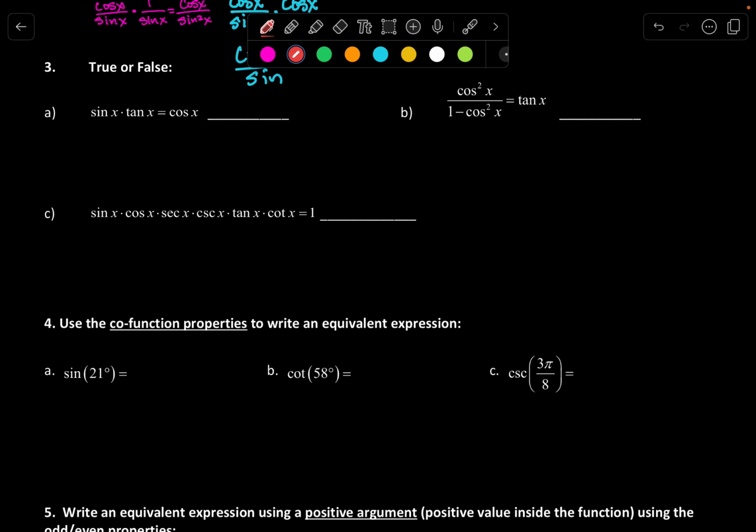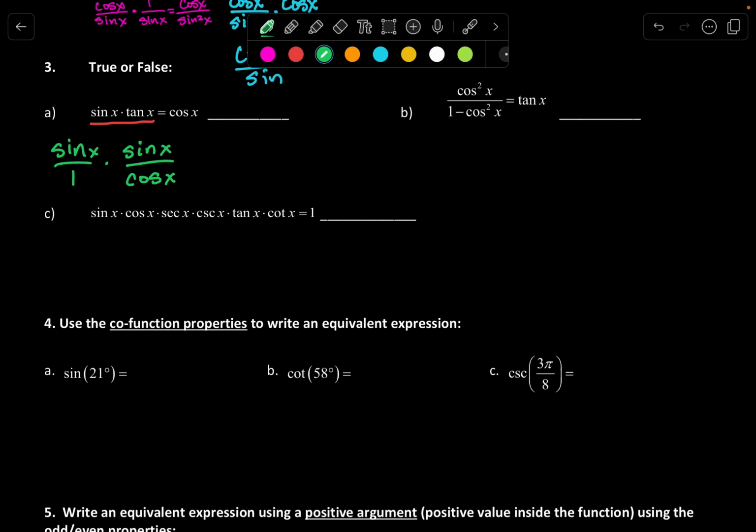So in this first one, I'm going to try to see if I can take sine x times tan x and make it equal cosine. So I'm going to start off by writing it in terms of sine and cosine. Tangent is sine divided by cosine.